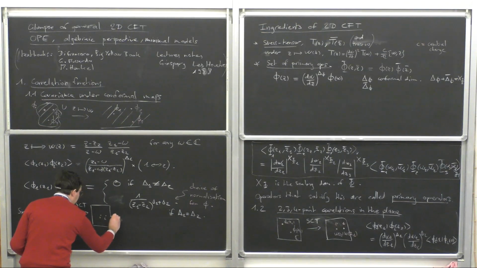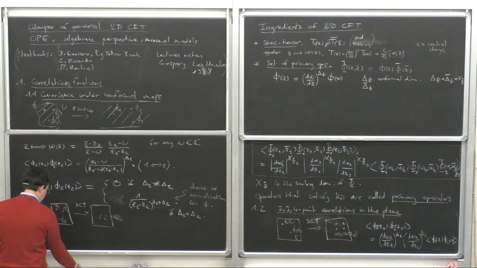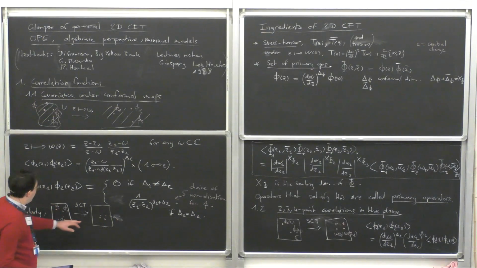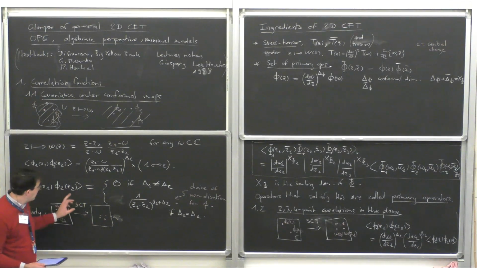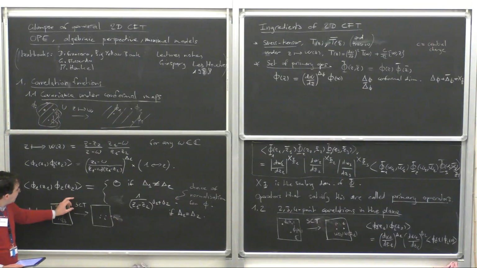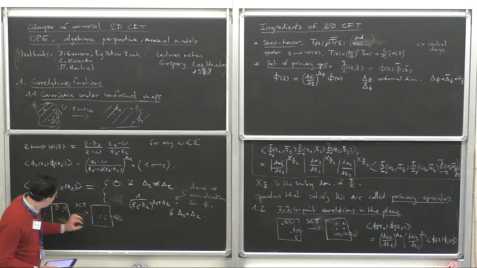We can always choose a special conformal transformation that does this. This time, this special conformal transformation is unique, because as we saw, there's a 6 real parameter family of such transformations, or 3 complex parameter family, and here we are fixing precisely 3 complex numbers because we are fixing the 3 positions of these 3 points.